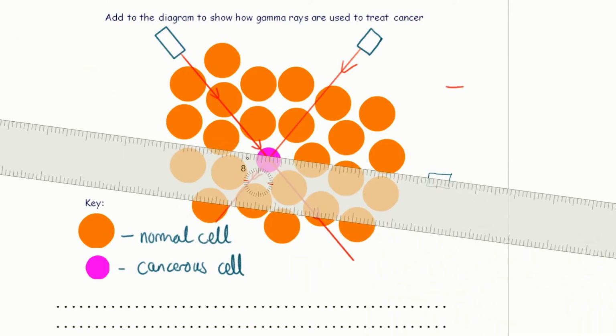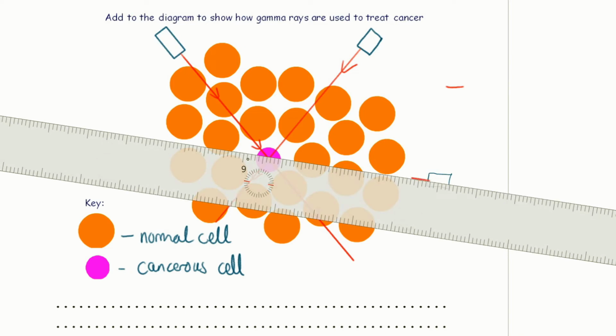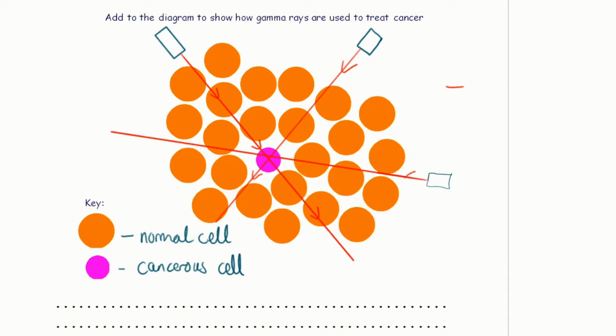So the cancerous cell can be hit by gamma rays from different angles. So you can see what's happening here. We want to kill off that cancerous cell, but other normal cells will get damaged at the same time. But the important thing is to kill off the cancerous cell, because the cancerous cell can spread and multiply, which could be the start of a cancerous tumour.